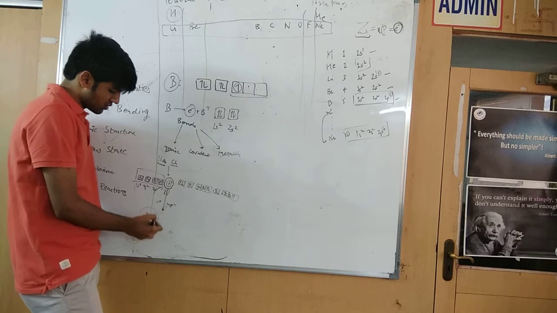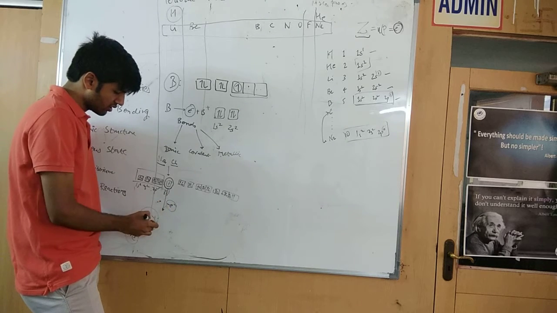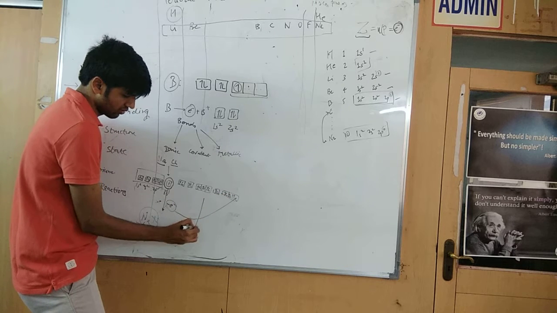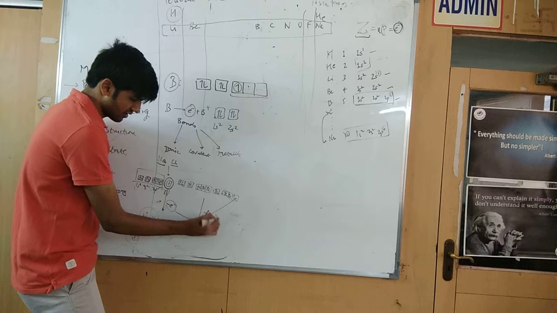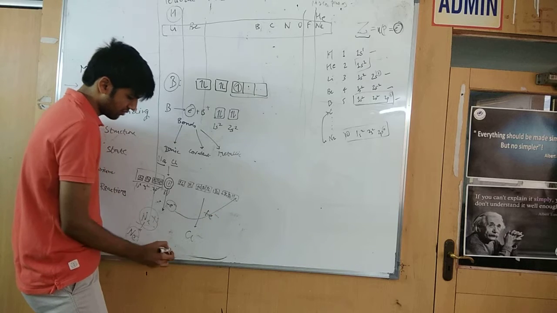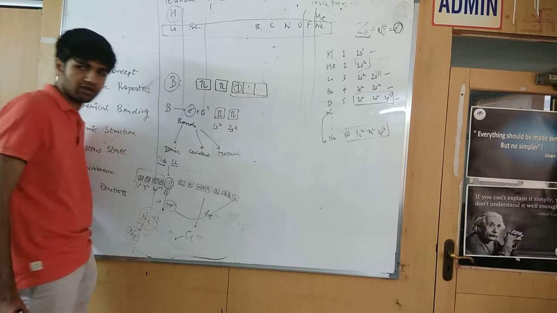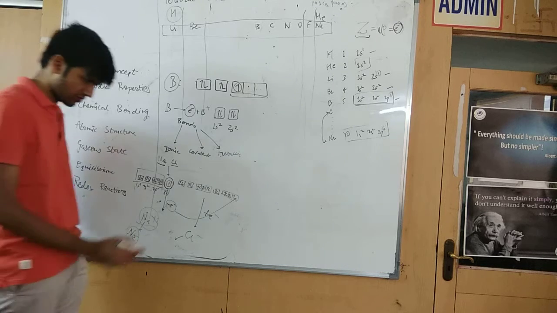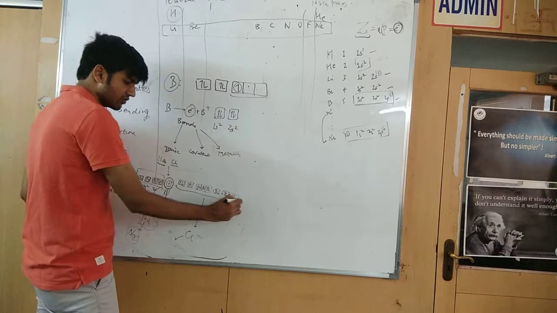So now sodium gave up its 1 electron, and now that electron will flow into chlorine. Chlorine plus electron becomes chlorine minus, and its electronic configuration will be the same as, so that's the electronic configuration of which element?